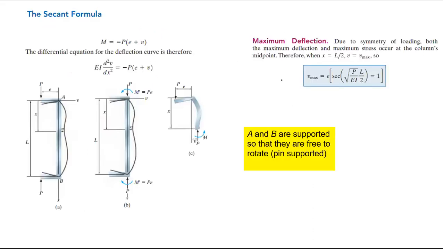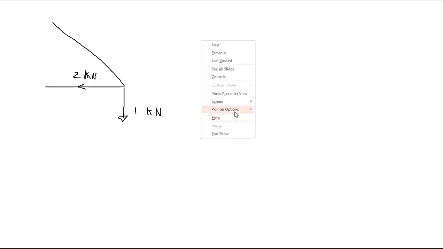I will draw it in this way, so that you will understand it clearly. Let's say this is 1 kilonewton. Let's assume the force is 2 kilonewton. The buckling load is, let's say, 8 kilonewton.